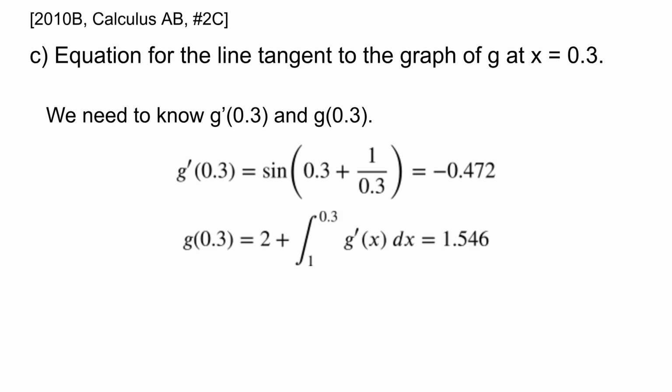Finding g of 0.3 is going to require setting up an integral. We're going to need 2 plus the integral from 1 to 0.3 of g prime of x dx. And since this is a calculator active question, we'll use our calculator to evaluate that expression. And it turns out that g of 0.3 is 1.546.